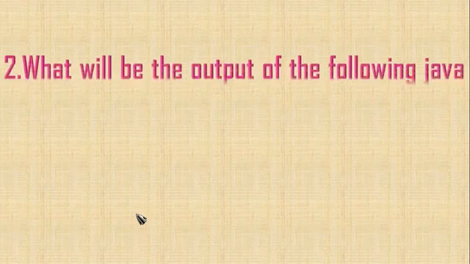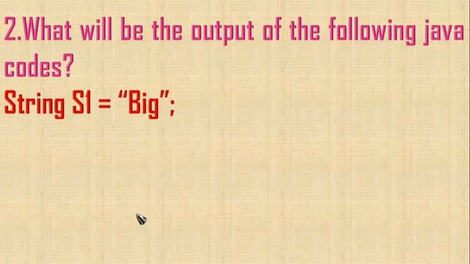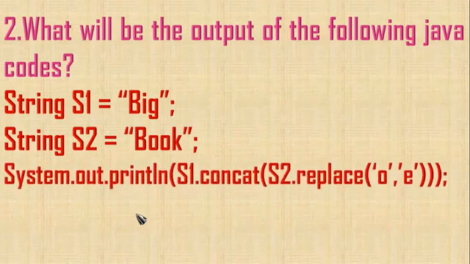Let us see the second question. What will be the output of the following Java code? String s1 is equal to big, string s2 equal to book. The printing statement is s1 dot concat of s2 dot replace of o character to e character.